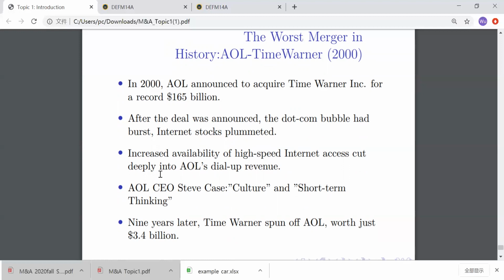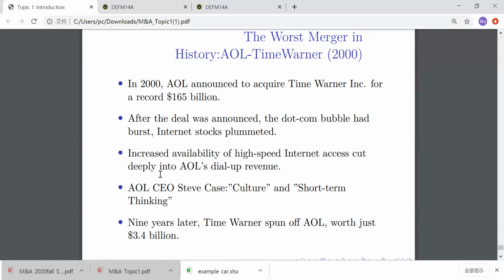Basically, the people of AOL and the people at Time Warner were very, very different people. They have very different thinking about the businesses, and they don't like each other. That's why in the post-integration process, they hate each other, which makes the post-merger integration very, very difficult.